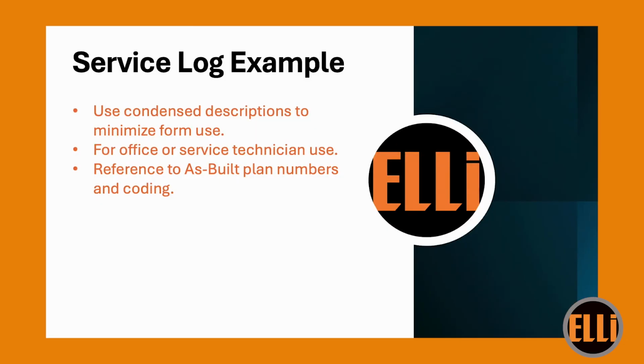Okay, let's move forward. Service log example. We're almost done here. I wanted to show you an example of a log that I use for existing properties. Let's say I get a call and I have to go out and check a system and find out what they're saying. Oh, nothing's working. Oh, it's bad.